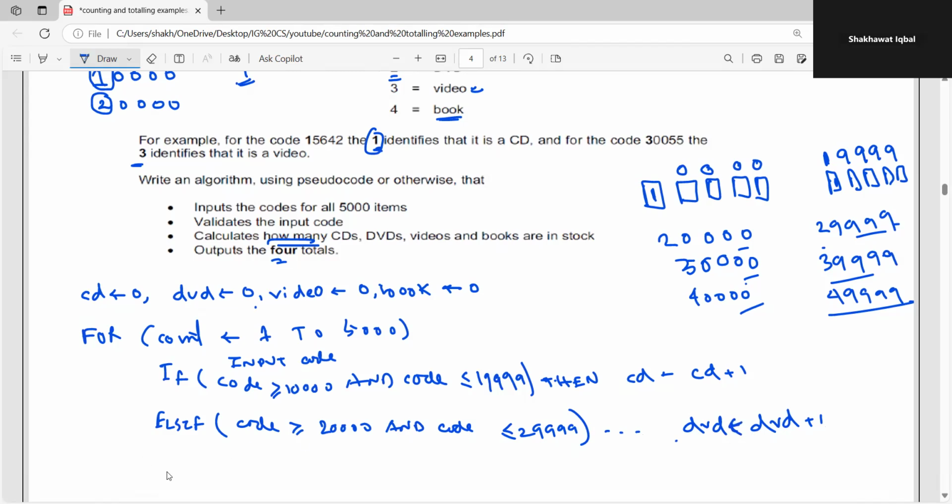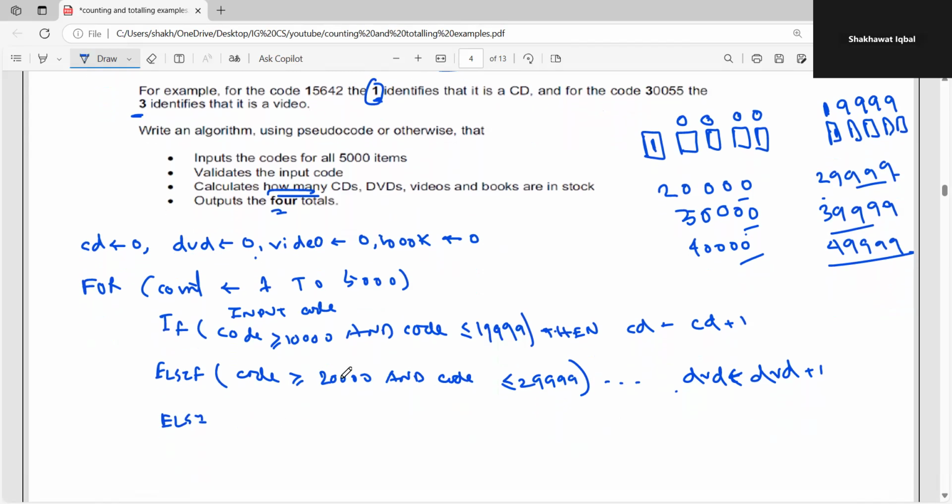So similarly, else if your code is greater than or equals to 30,000 and your code is less than or equals to 39,999, it will be video plus 1.